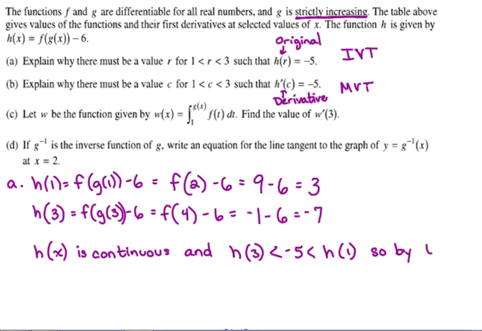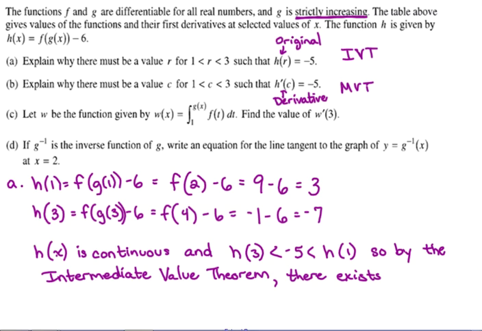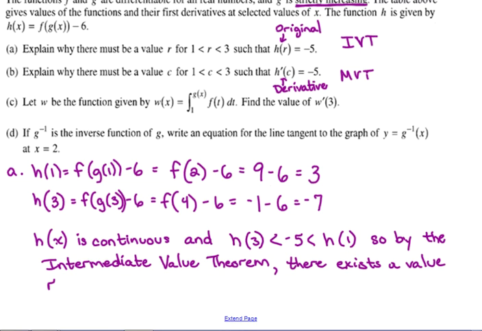So by the intermediate value theorem, there exists a value r, could be more than one, but we know there's at least one, a value r between 1 and 3, such that h of r equals -5.